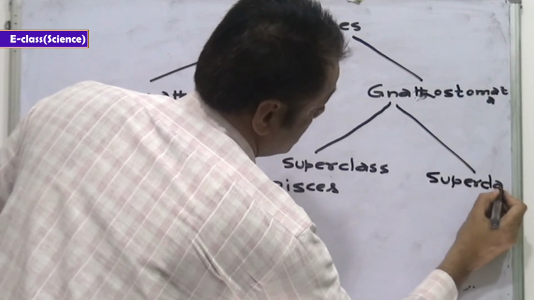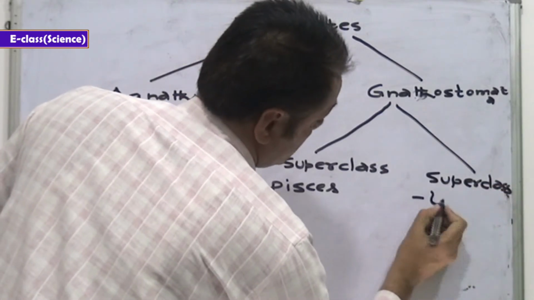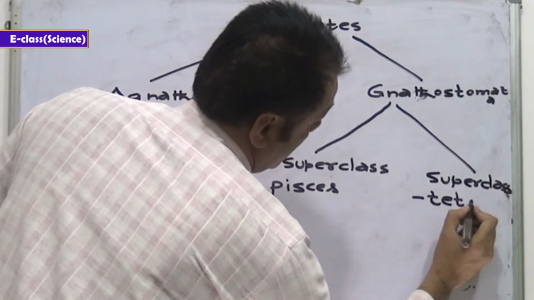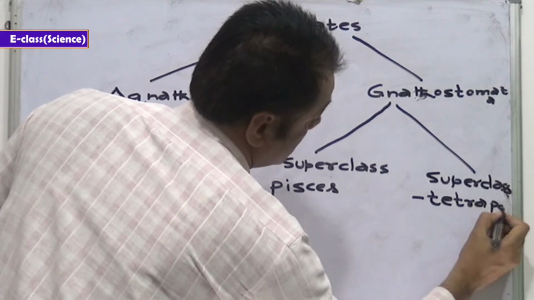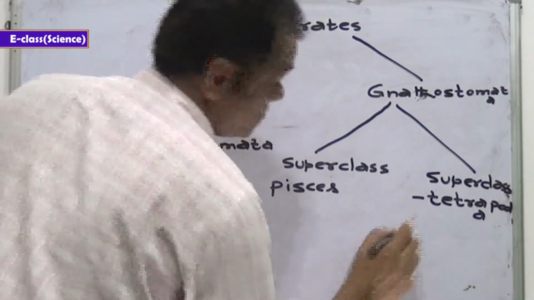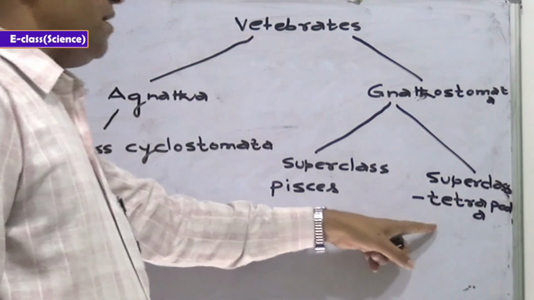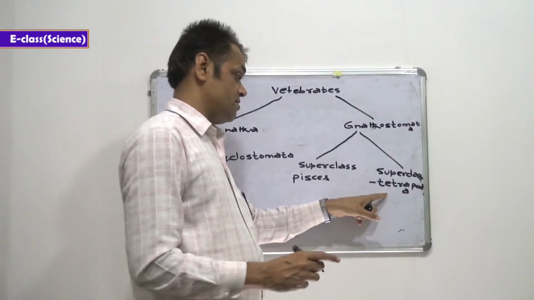and the other superclass is Tetrapoda. Tetra means four and podos means feet, so they have four feet.